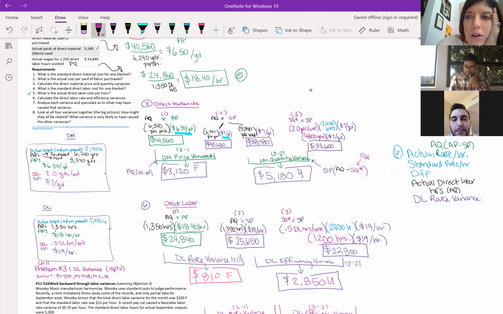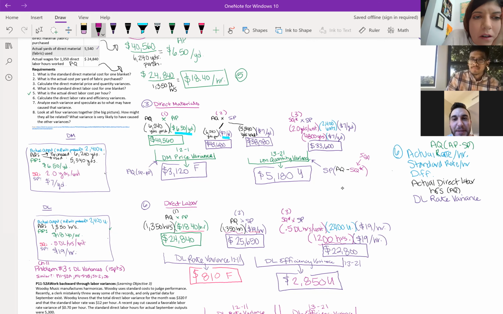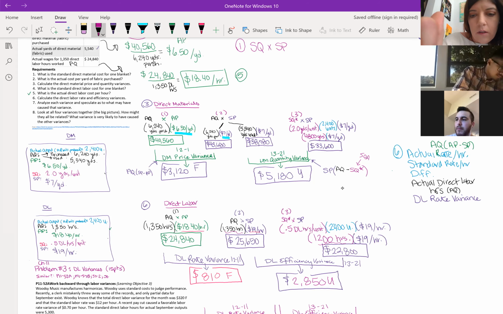There are quite a few questions that you do have to answer though. So up here, what is the standard direct material cost for one blanket? This is question number 1. We're going to take our SQ times our SP to figure this out.